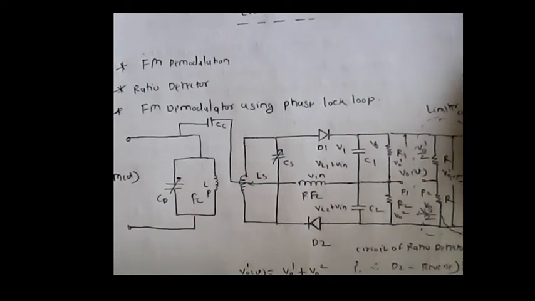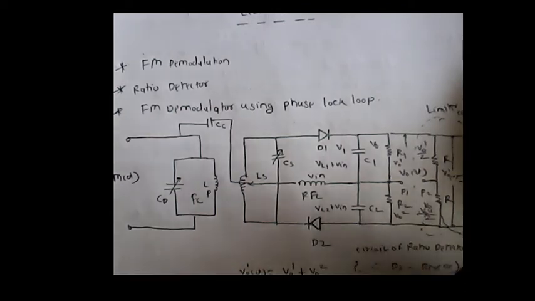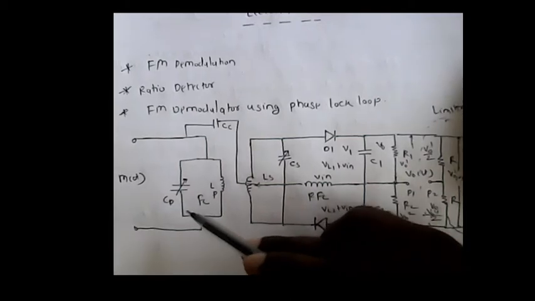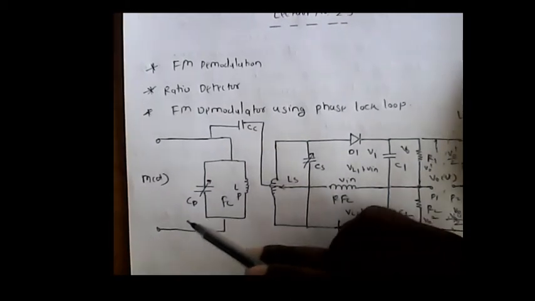There is a primary winding which consists of tank circuit 1, and here the received FM modulated signal is applied.